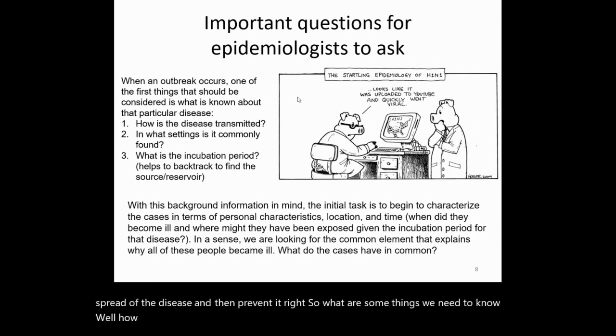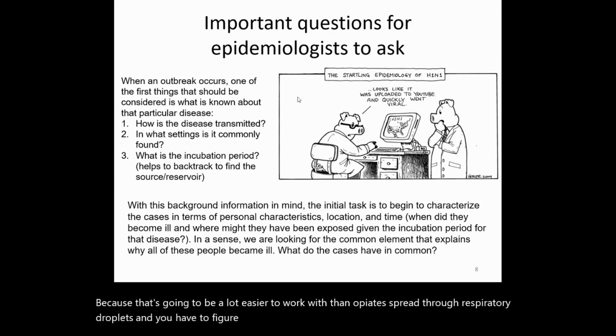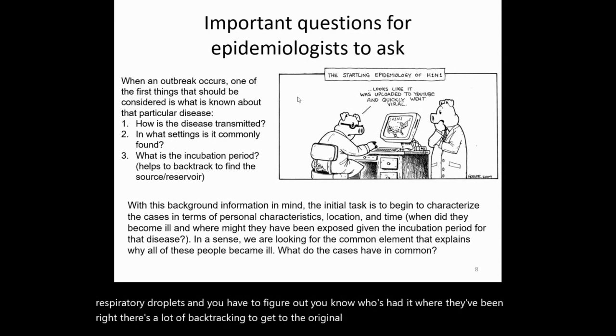Well, how is this disease being transmitted? Is it through a contaminated water source? Because that's going to be a lot easier to work with than if it's spread through respiratory droplets, where you have to figure out who's had it, where they've been. There's a lot of backtracking to get to the original source, for instance.